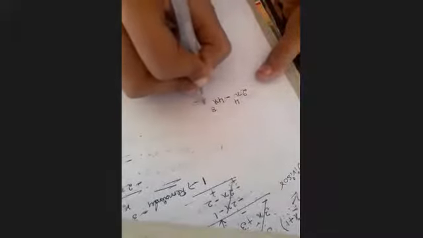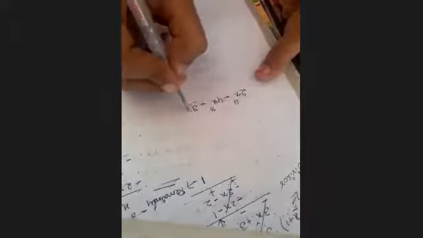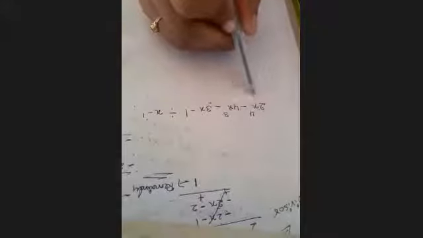See. 2x power 4 minus 4x cube minus 3x minus 1, divided by x minus 1. Okay. So when we are seeing this question, f of x.